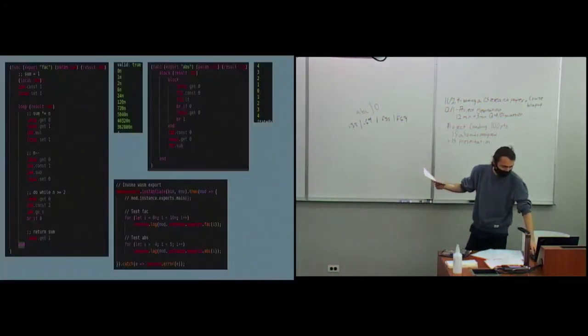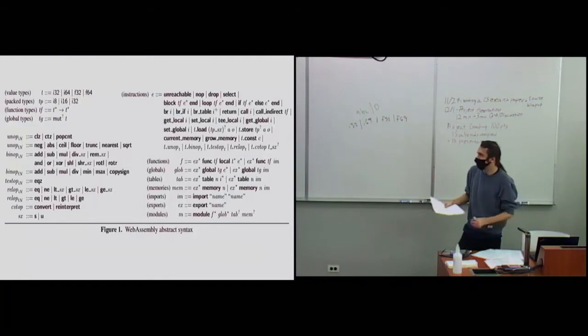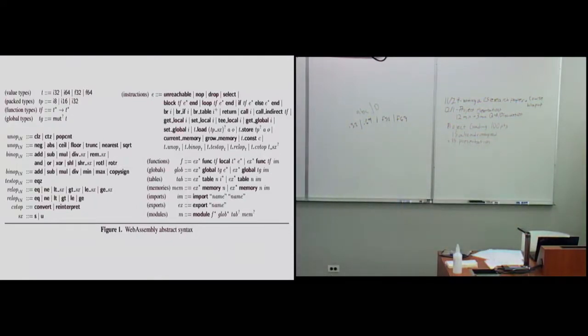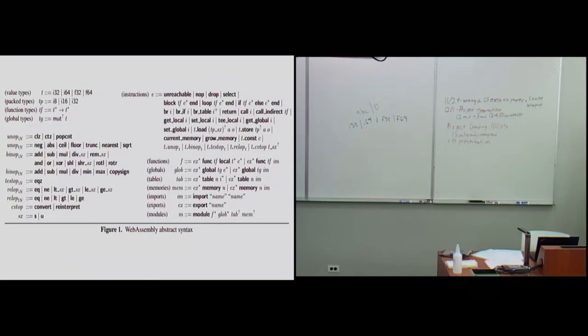So skipping ahead, I'm going to cover the rest of it. I just wanted to show all of this. These are, as the paper describes them, obvious semantics, but you have a few things here. You have unary integer operators, float operators, and then binary integer operators, right? It's important to note that you don't have a distinction between signed and unsigned values.